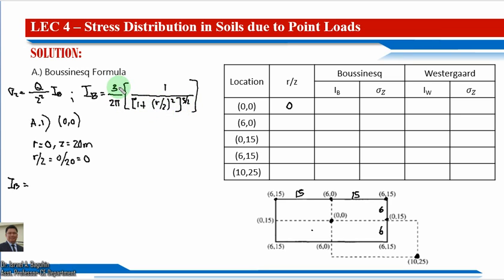So this would be 3 over 2 pi, or in decimal, this is equal to 0.48. Okay, so we have this value of 0.48 here.